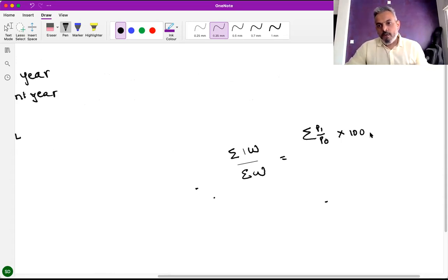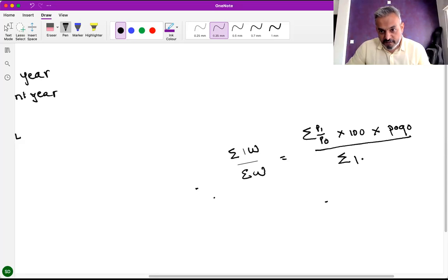And as per Laspeyre, we give weight P0 Q0, price of base year into quantity of base year. That is the weight what we give upon sigma W. So W is P0 Q0.